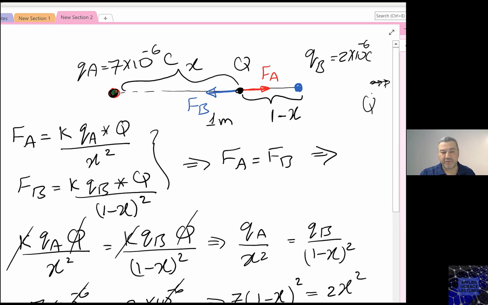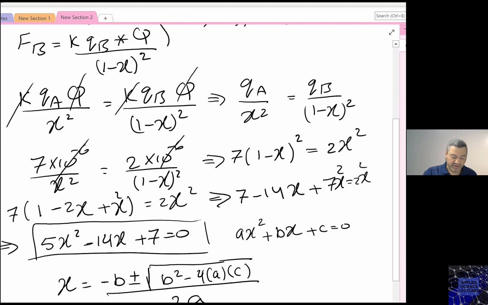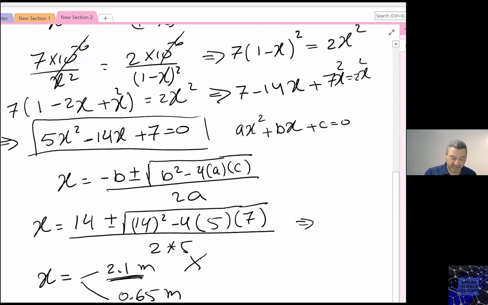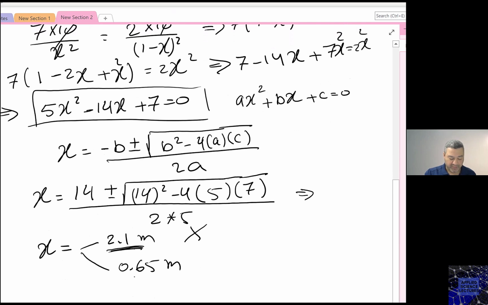So the net force will never be 0 if the solution is 2.1 meter. So the solution has to be in between, which means that the solution has to be less than 1 meter. Then that's why the next solution, which is the 0.65 meter, is the correct answer.